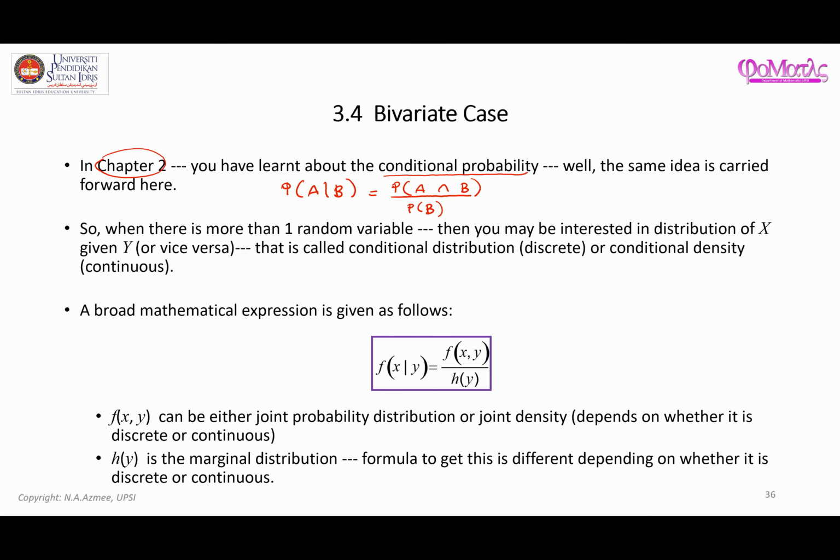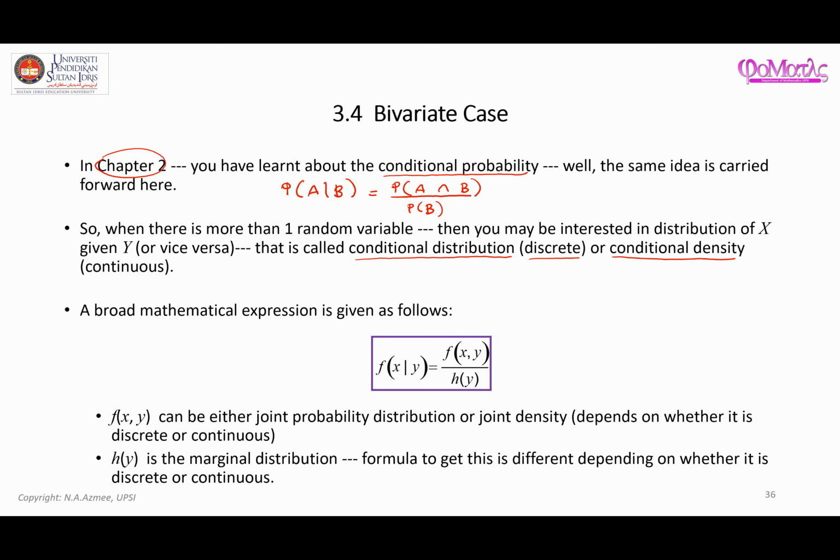In this video I'm going to talk about more or less the same idea, and here it is about the conditional distribution if you have discrete random variables, and another term is conditional density if the random variables we're talking about are continuous.